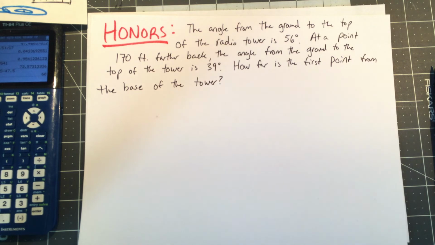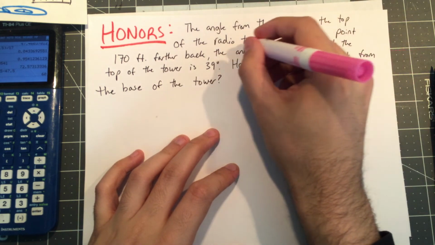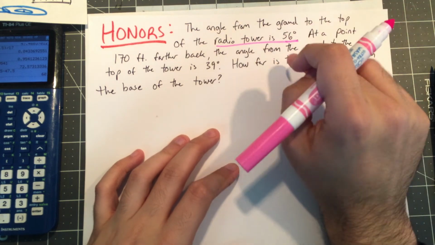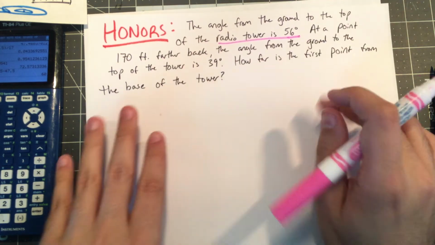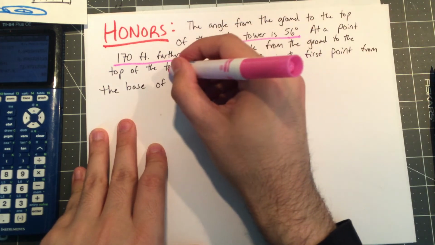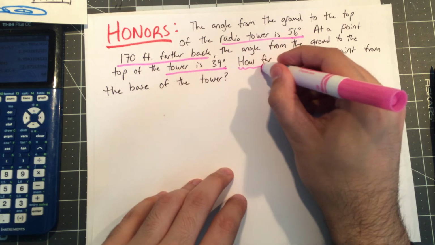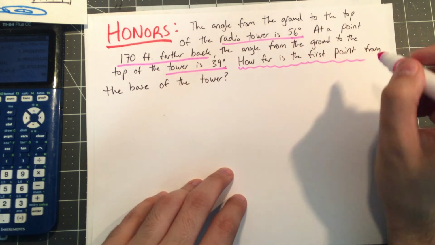Okay, let me get a marker to underline some of our important pieces. The angle from the ground to the top of the tower is 56 degrees. That is an angle of elevation. At a point 170 feet farther back, the new angle is 39. And I want how far is the first point away.